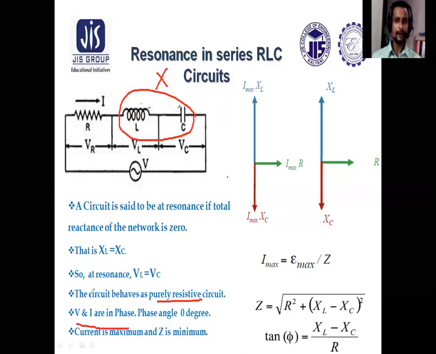When voltage and current are in the same phase, that implies phase angle is 0 degree. So if phase angle is 0, power factor is cos of 0 degree, which is 1.